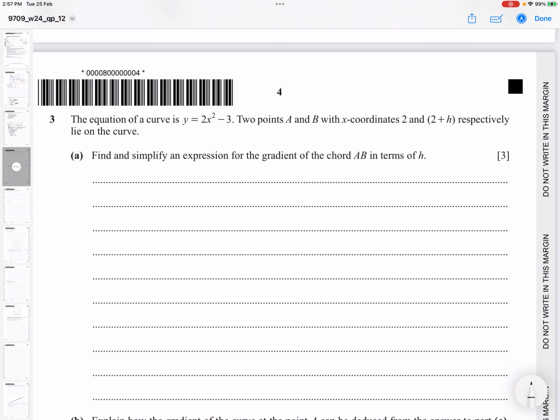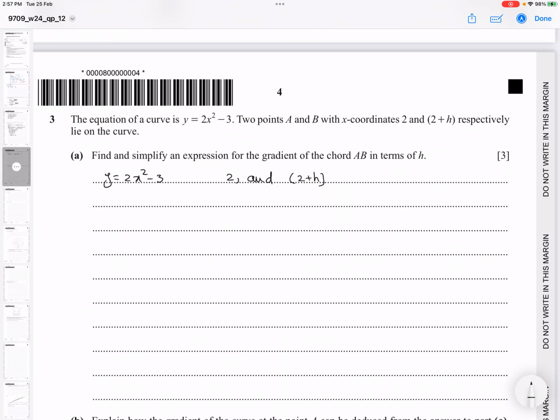In question number 3, the equation of the curve is y equals 2x squared minus 3. Two points A and B with x coordinates 2 and 2 plus h respectively lie on the curve. Find and simplify an expression for the gradient of the chord AB in terms of h. So the equation of the curve is y equals 2x squared minus 3 and the x coordinates are 2 and 2 plus h.